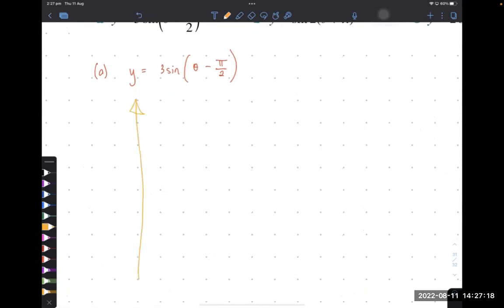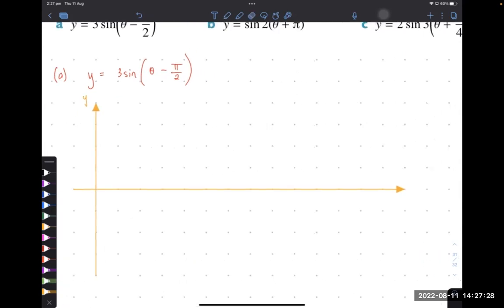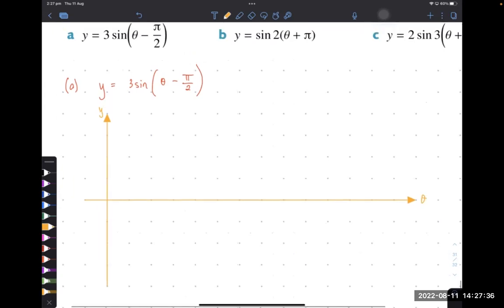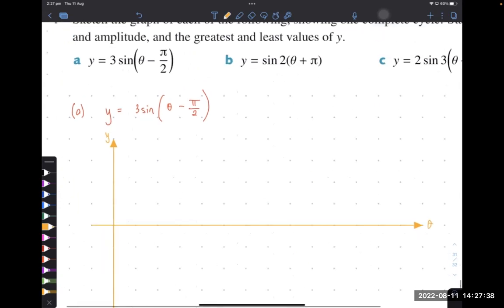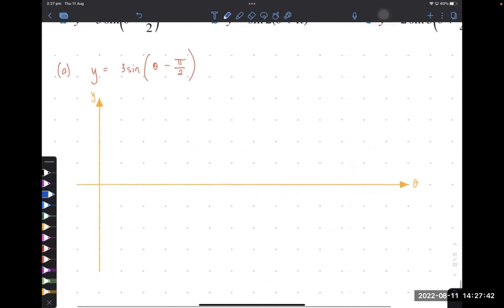Now, you see me draw it rough. I'll make it perfect now so you can see. What's our horizontal axis? X? Theta. Theta. What is our amplitude? 3.